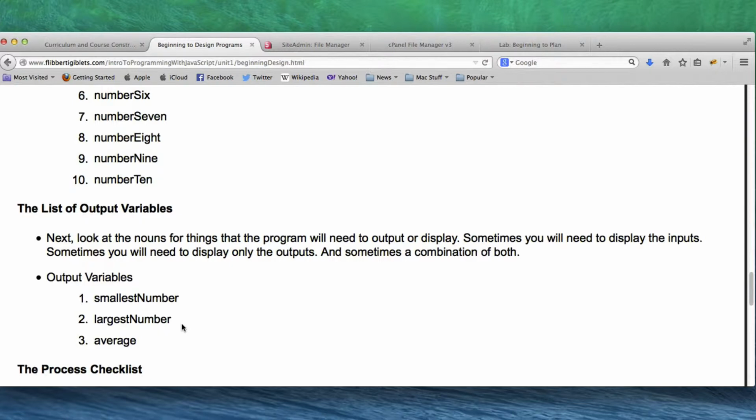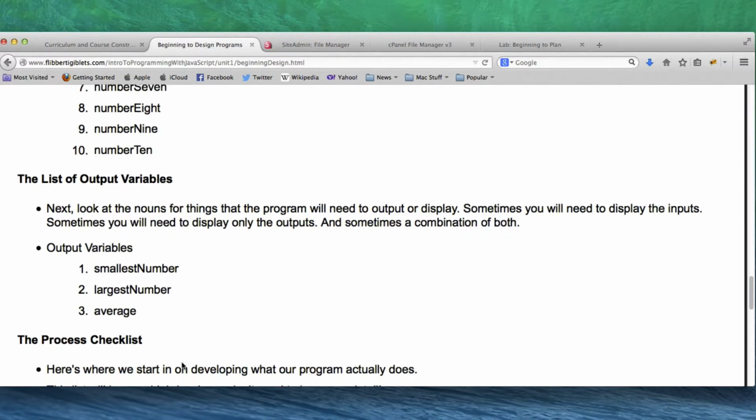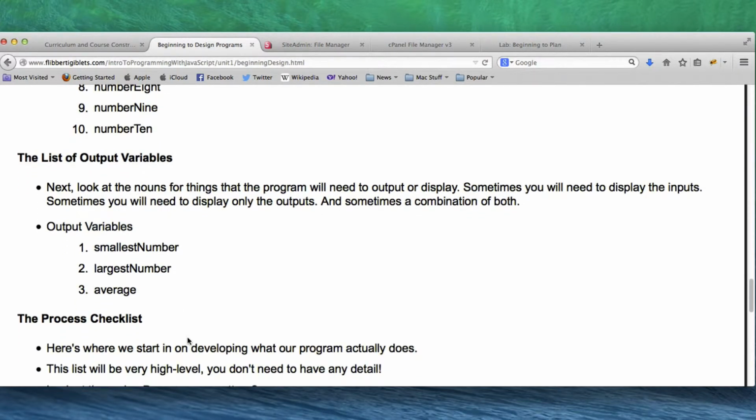Well, it's actually a lot easier to first determine what the program knows, being that here's the input variable list, here's the output variable list. And then it's a lot easier to connect those dots between the input variable list and the output variable list on what the processing steps need to be. So that should be your last step, creating a process checklist.